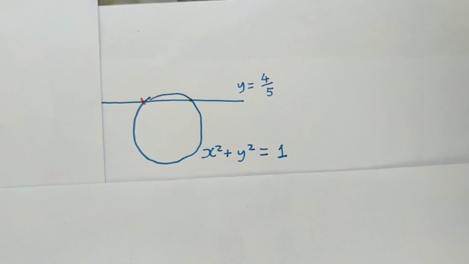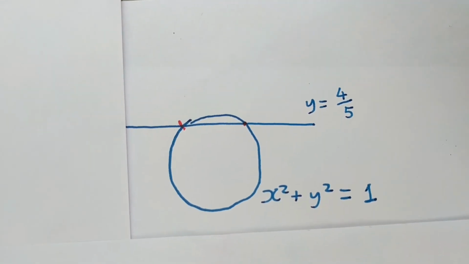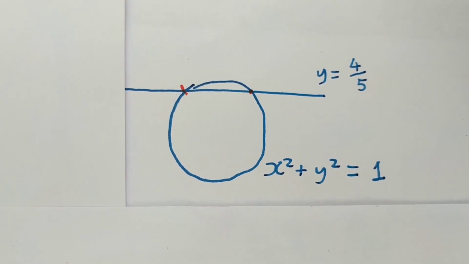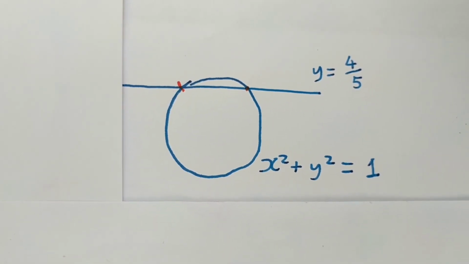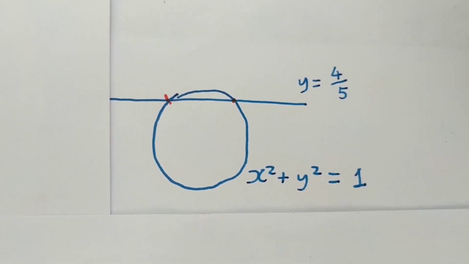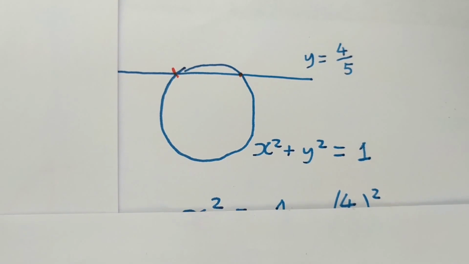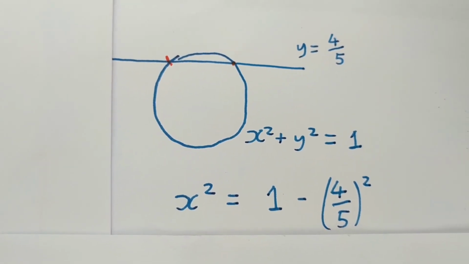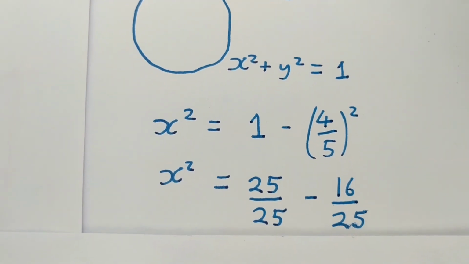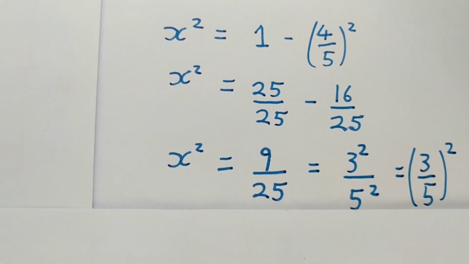Okay, so let's look at a slightly different problem now. Now we're going to have a look at the case where this horizontal line is not a half above the origin. Now it's 4/5 above the origin. So it's the line y equals 4/5. Well, we can go through the same algebra as before. We rearrange this in terms of x squared, and we find that x squared is equal to 9/25.